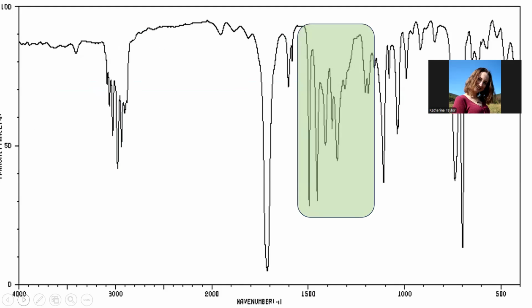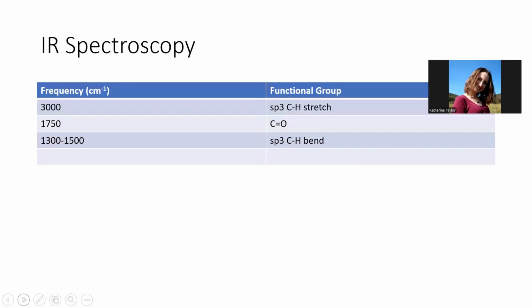Then moving on to the 1300 to 1500 range, this is where we would normally see our sp3 CH bending peaks. And we're seeing a lot of them. They're very narrow, as opposed to being more condensed into fewer peaks. So this is actually characteristic of an aromatic ring. That confirms what we thought with the sites of unsaturation, so I've added that to this table here.